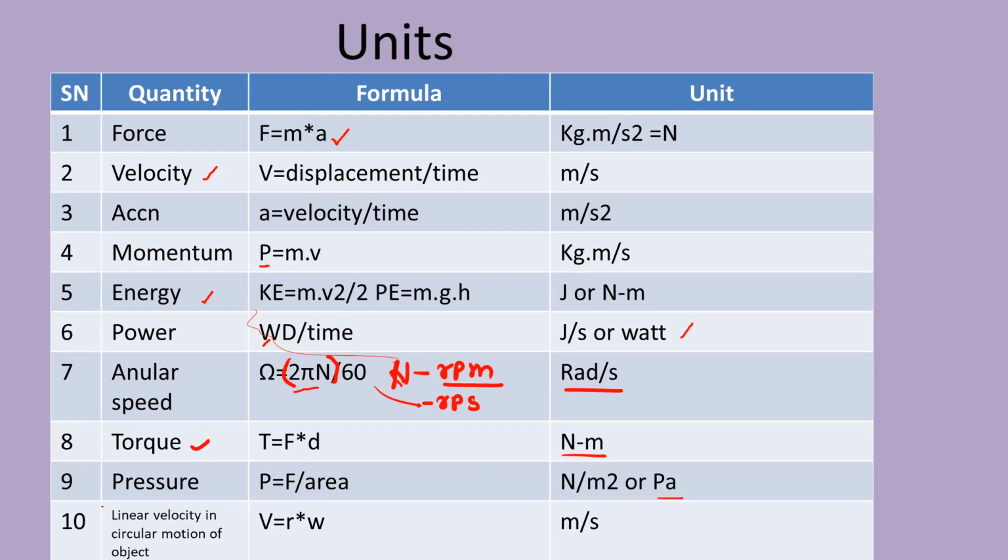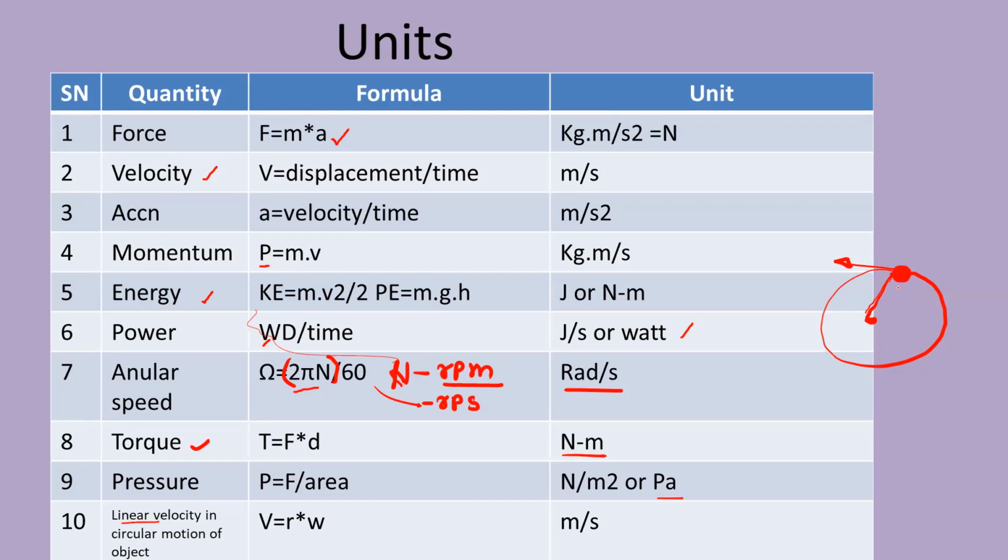Then the relation between linear velocity and angular velocity in circular motion. If an object is moving in a circular path, then it will have some linear velocity which is tangential to the circular path.